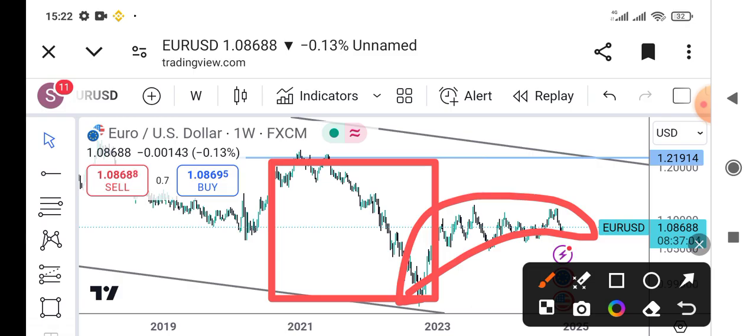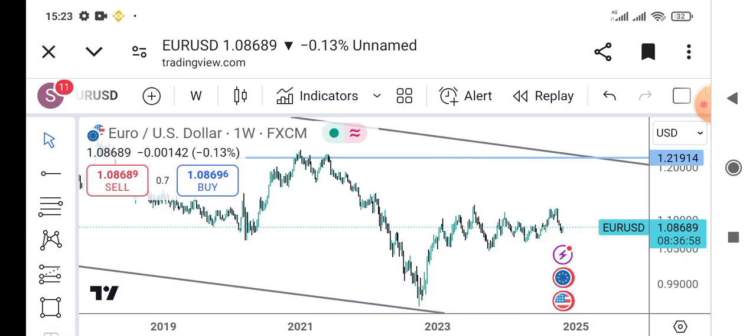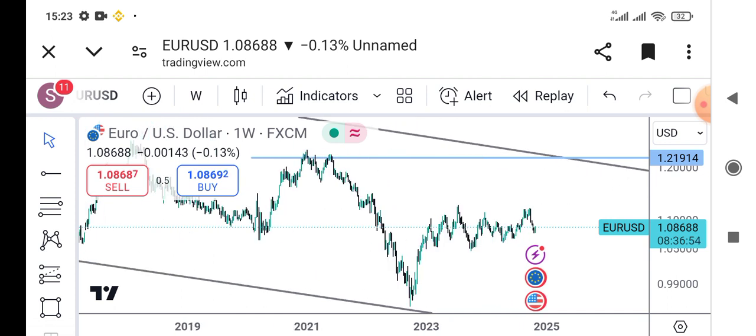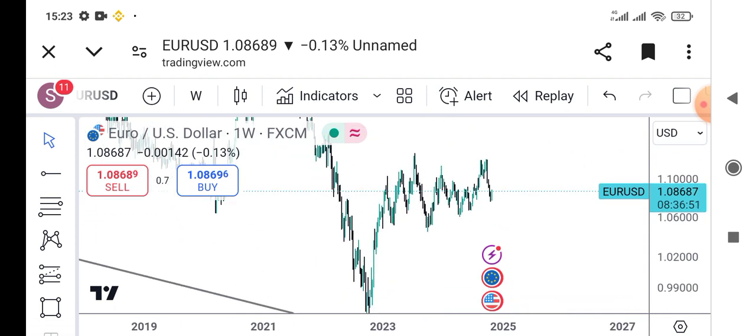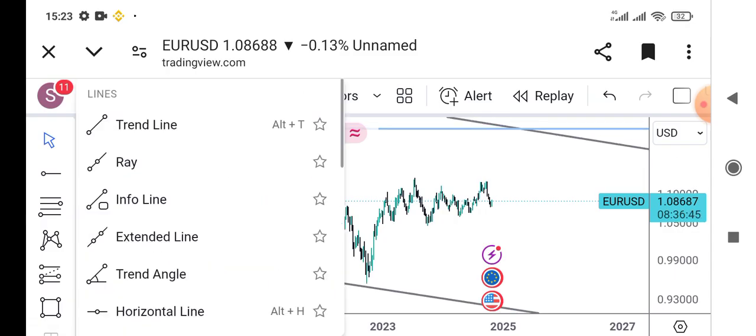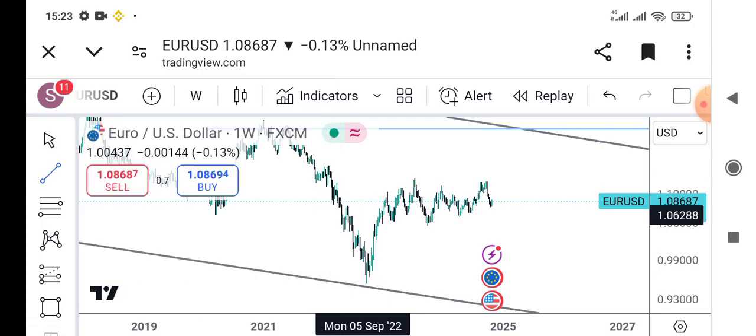So we usually have impulse, correction. Fine. So we want to narrow in that corrective part. So we'll just go to trend again, and then we'll just pick it.